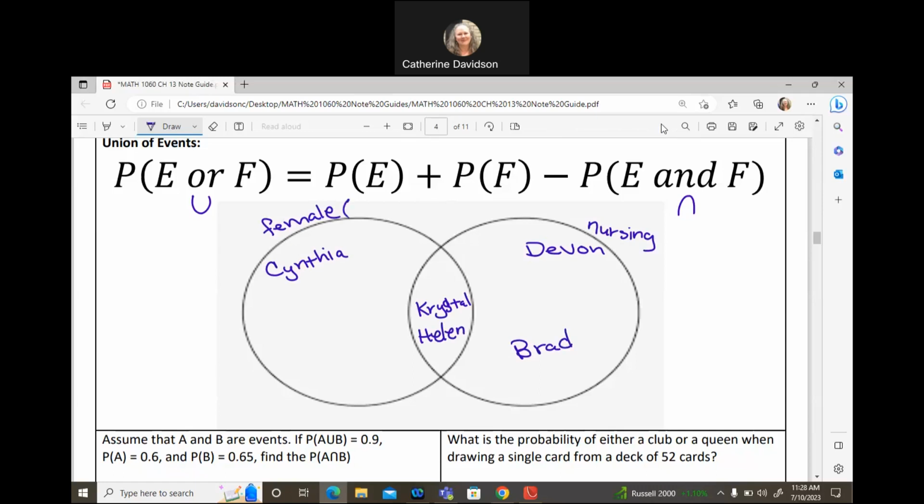So let's let female be E and nursing be F. They like that notation, E and F. So we're just going to put it in a context. So the probability that the student is female or nursing. How many would that be?